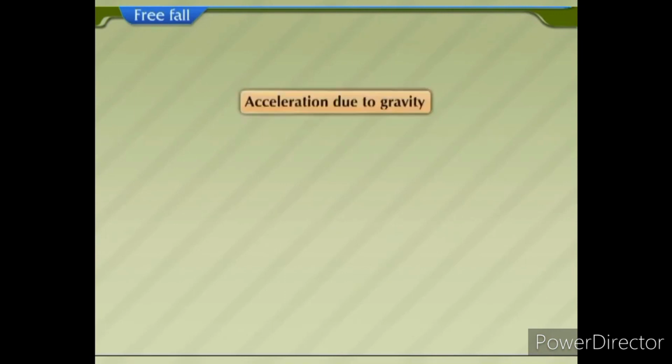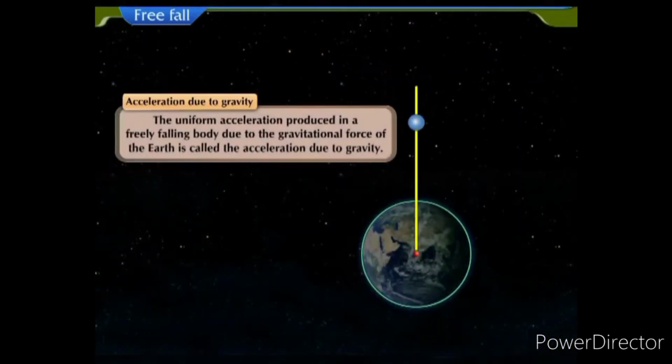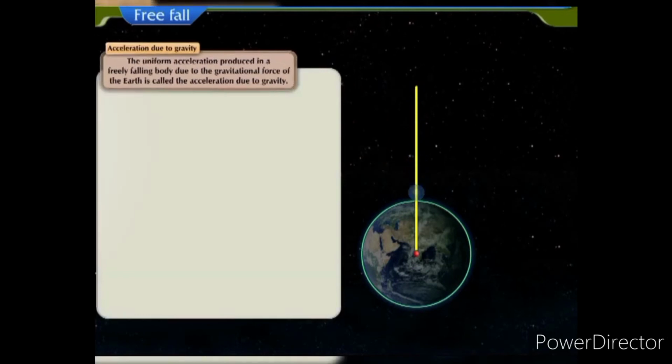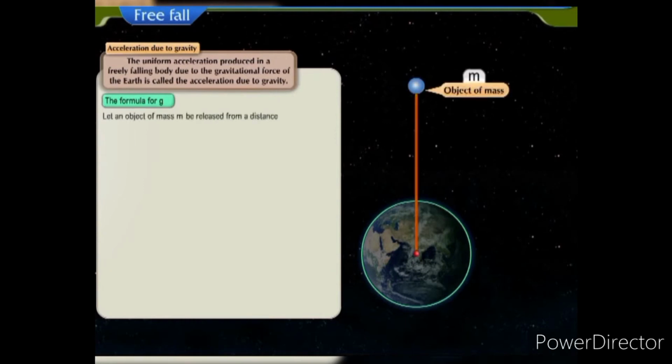Let us define acceleration due to gravity. The uniform acceleration produced in a freely falling body due to the gravitational force of the earth is called the acceleration due to gravity. Now let us derive the formula for g. Let an object of mass m be released from a distance r from the center of the earth.